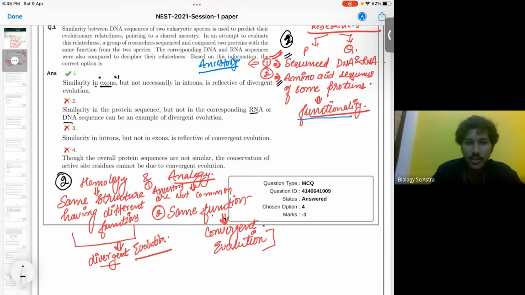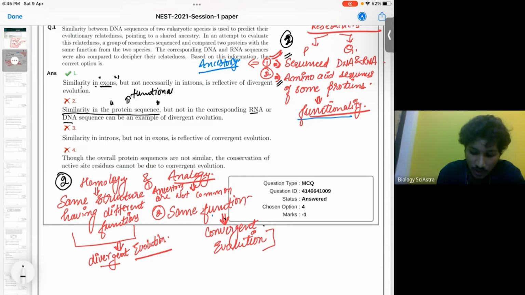So similarity in protein sequences is responsible for functionality, but not common ancestry. Okay, so that's why this statement is wrong.